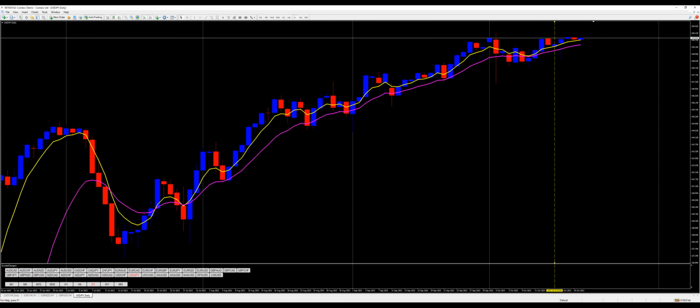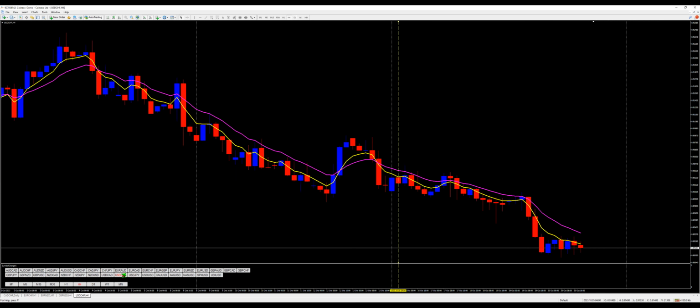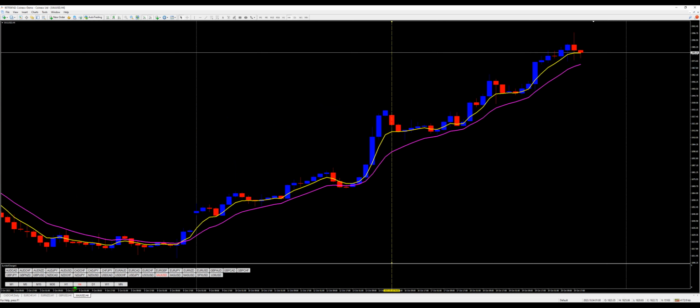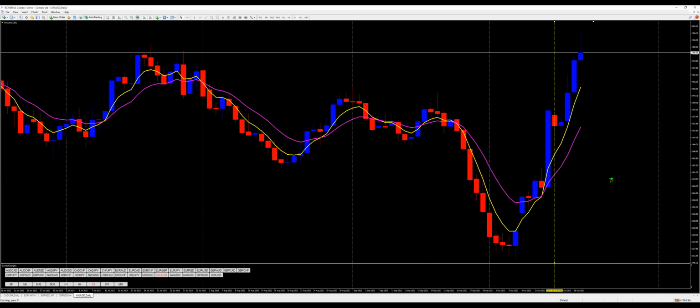USD Yen, buy. Let's go back to USD Swiss at the 4 hour. Four hours flattening out, so there's no trade. Again, no trade. And the last one we look at is gold on the daily.